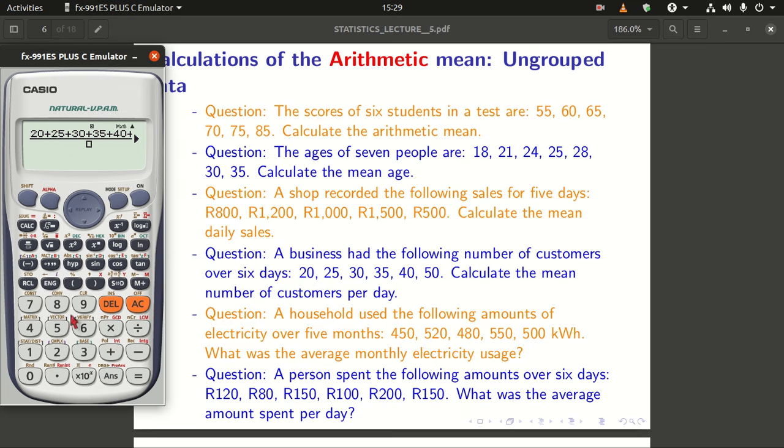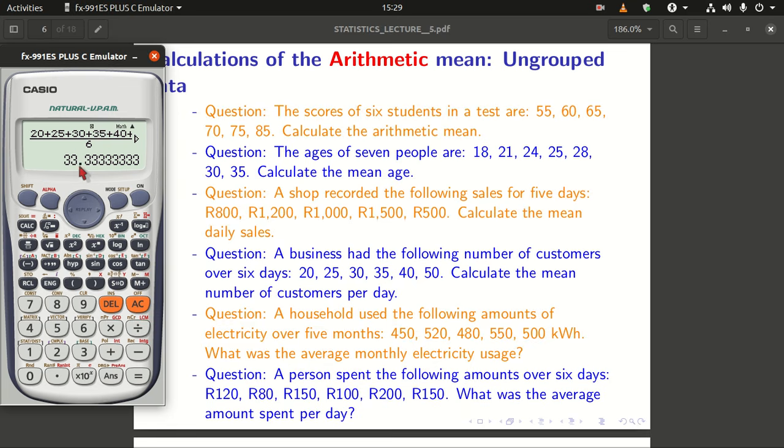I have 6 of these things. Then my mean is going to be 200 divided by 6, or 33.33, or 33.3333, and then you continue until the end, because when you have a bar, it means that you continue, just that the digits of this calculator end here. It does not continue. If it had space, it was going to continue.